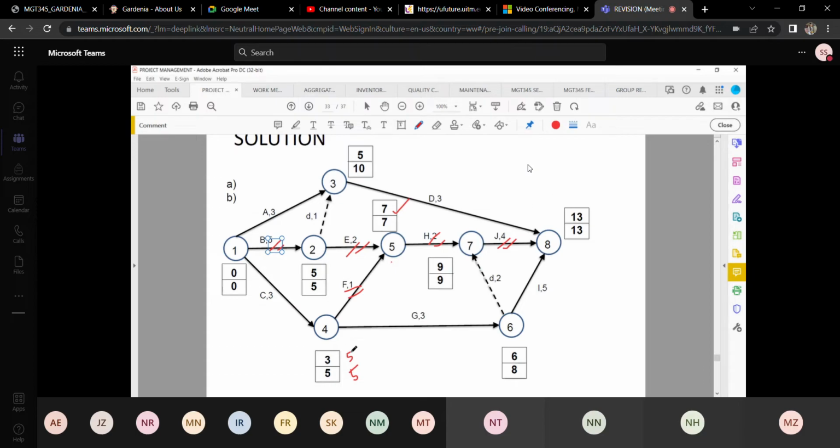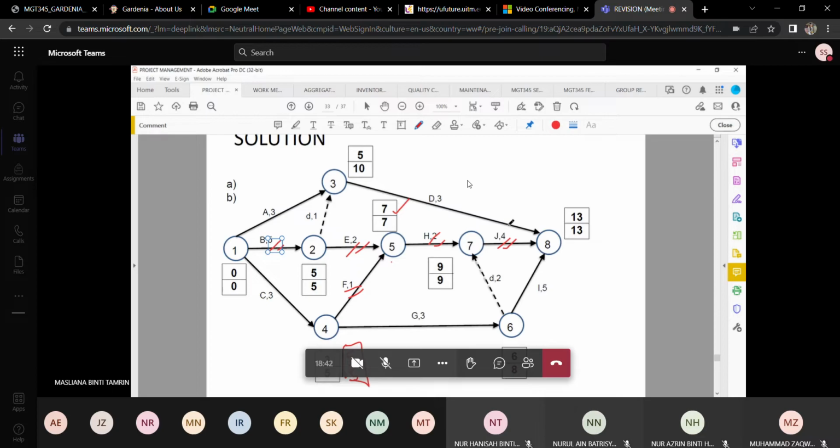So if in this case, which one you will choose class? B, E, H, J or C, F, H, J? Mana satu you akan pilih?